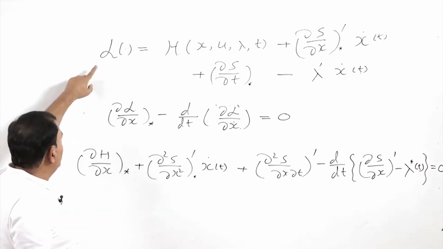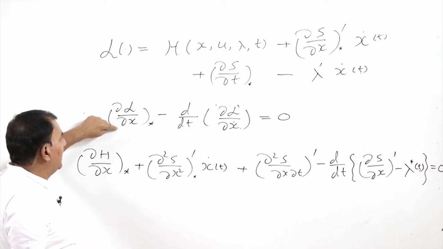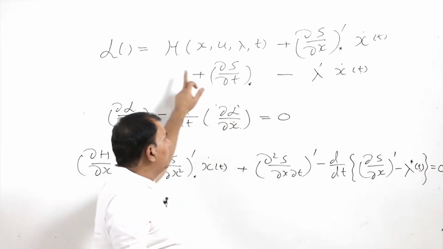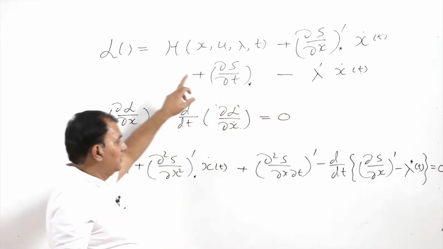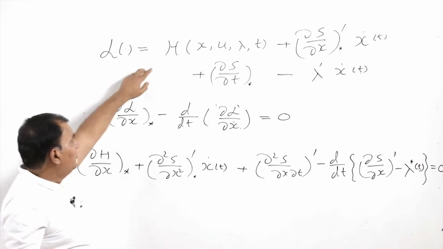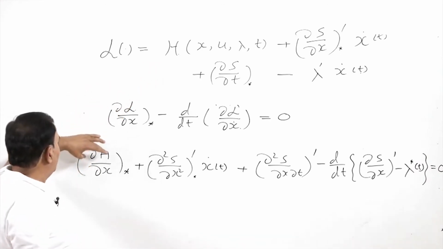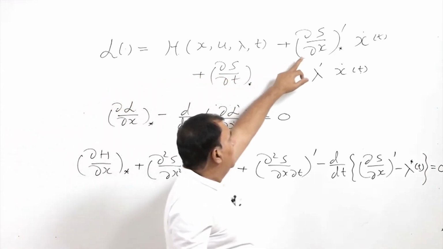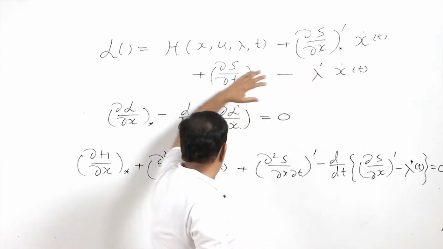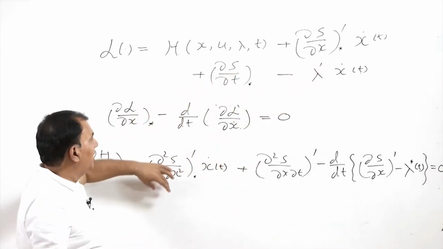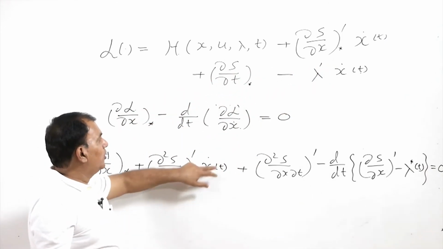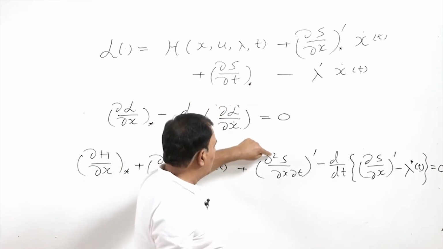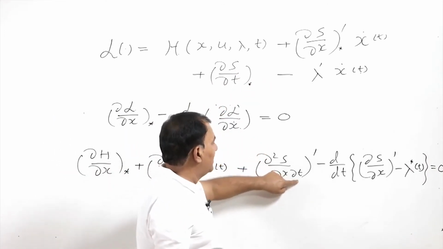See what we are doing, we are taking del L by del x. So, with respect to x I have to differentiate all these terms. H is a function of x, so directly we will have del H by del x. Del s by del x is also a function of x. So, this is del 2s by del x square x dot of t, and x dot, so del 2s by del x del t.